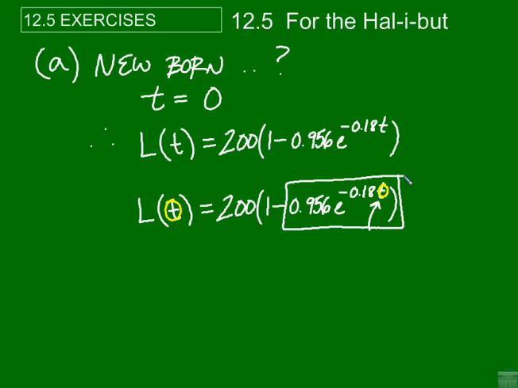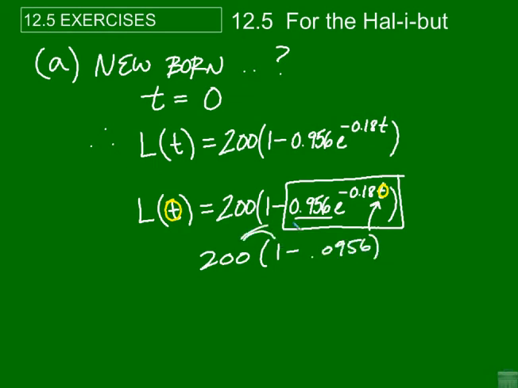e to the 0 is then going to be 1, and 1 times 0.0956 is then going to give us a nice little fraction here. And so I'm going to have 200 times 1 minus 0.0956.